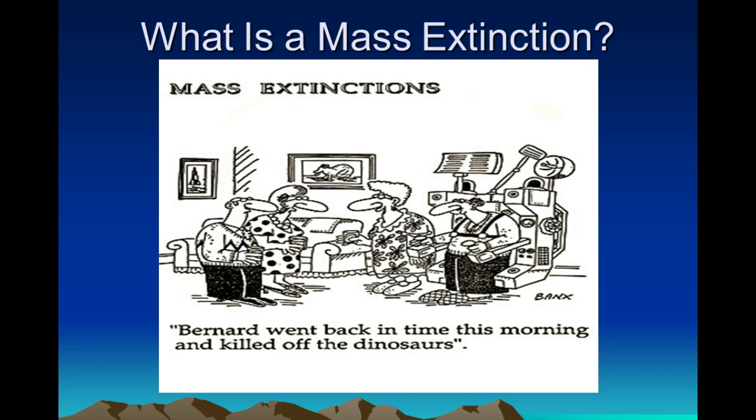Now, what we mean by a short period of time is less than 2 million years or so. Now, 2 million years may seem like a long time to we humans, but considering the universe was created 13.7 billion years ago, 2 million years is just really a snap of fingers in time.